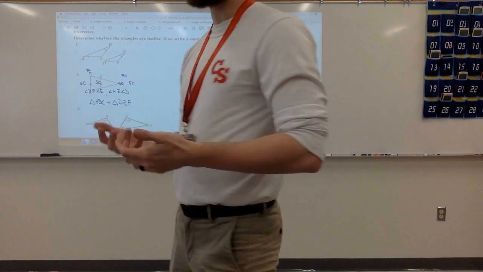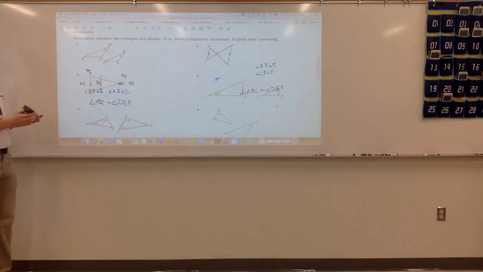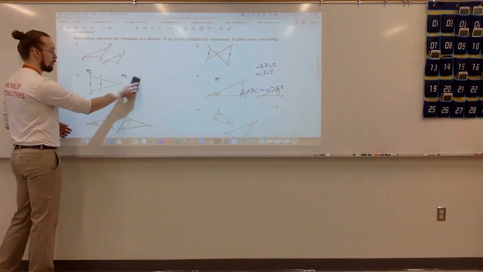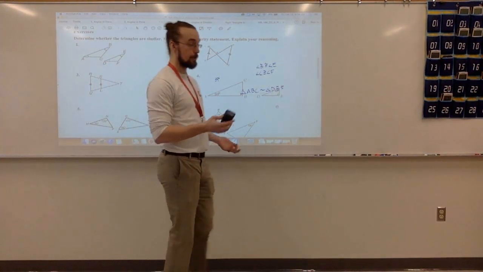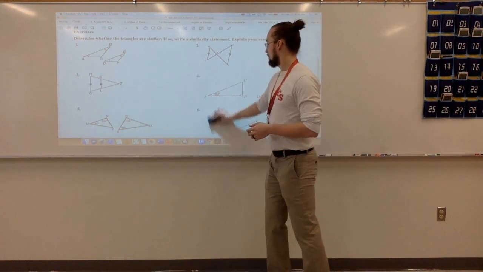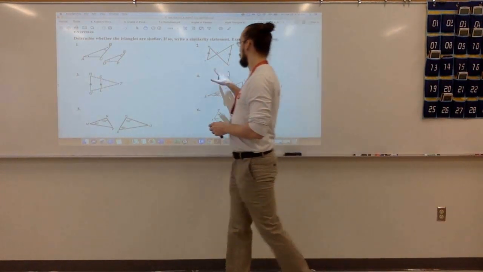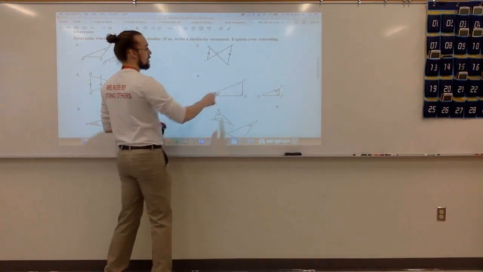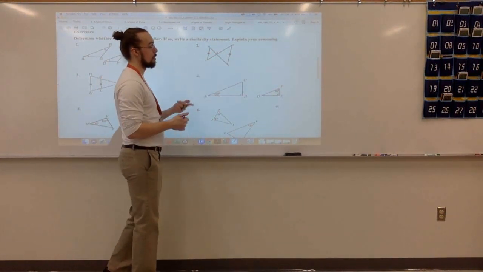Alright, in the exercises down here, we sometimes are going to need to use properties that we've talked about in previous chapters. Especially if we're looking at a pair of parallel lines, we can think about things like alternate interior angles and corresponding angles. Like on number 2, for example, I'm told WB and YZ are parallel. Remember, these arrows mean they're parallel.